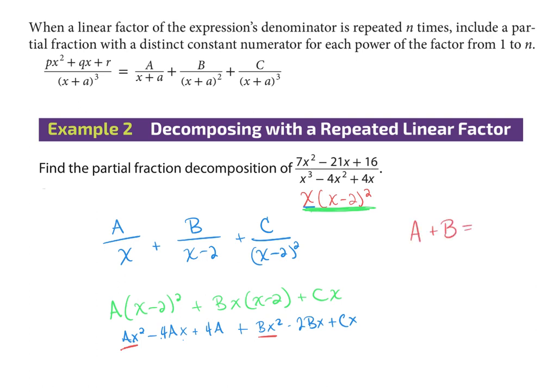So that should equal my coefficient for my x squared. For just my x, I have negative 4a as a coefficient. I have negative 2b as a coefficient. And I have positive c as a coefficient. And those should all equal the coefficient of my x, negative 21. My constant is the easiest. 4a should equal my constant, which is 16.